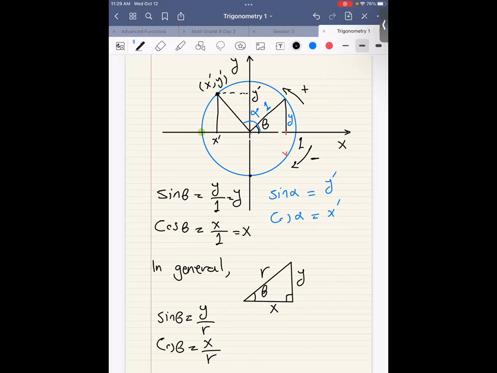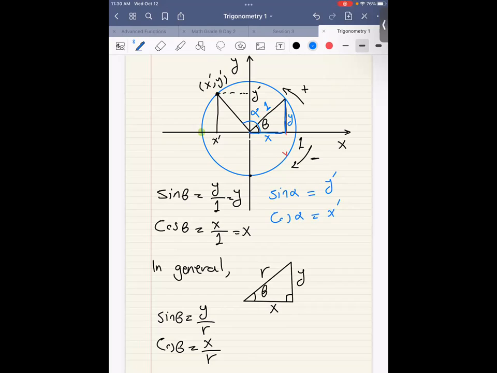It is 0. So that means cosine of pi half is 0.